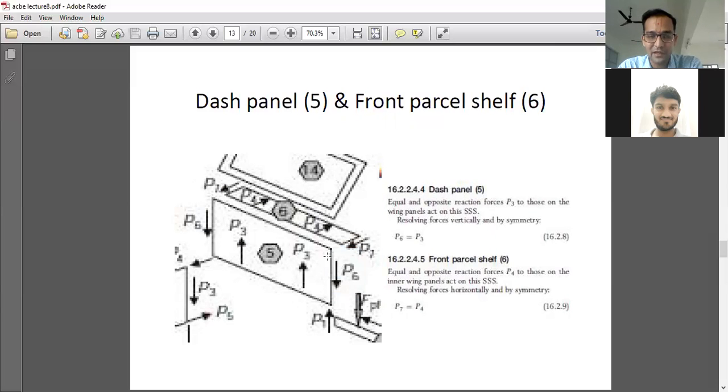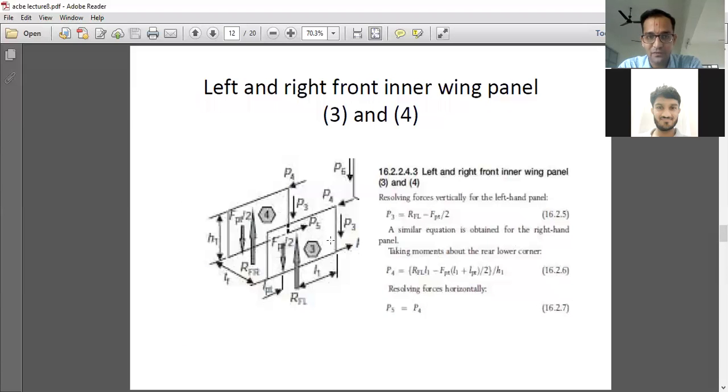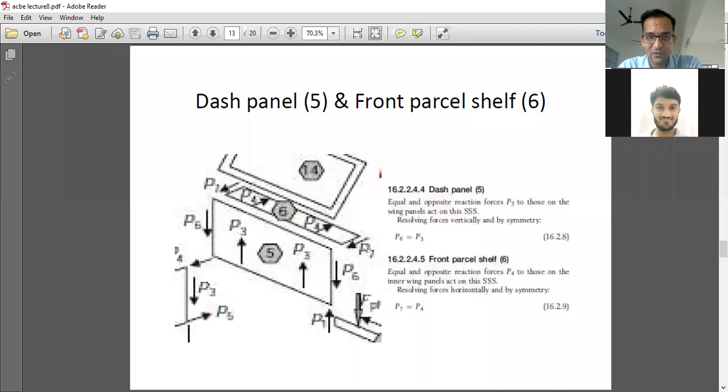In similar manner, when I refer to the horizontal forces, I have P5 over here and P4 over here. So P4 is getting reacted with the help of P5. So P4 will be over here acting in rightward direction.